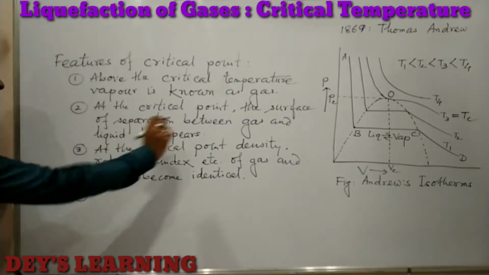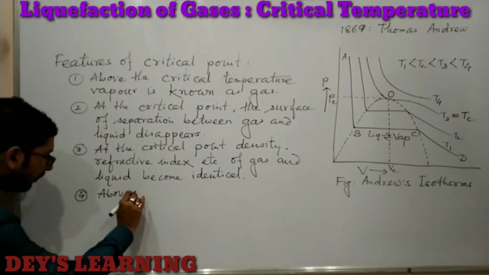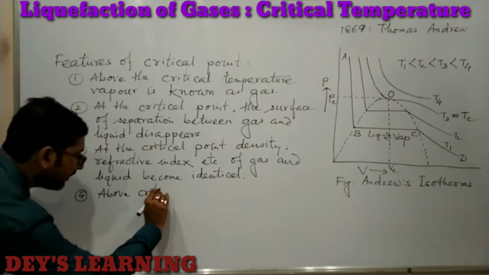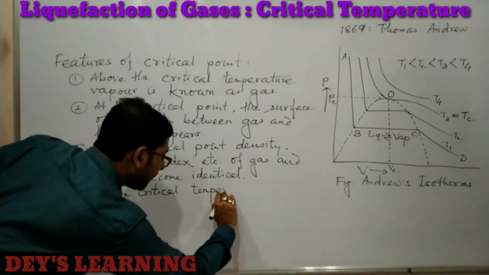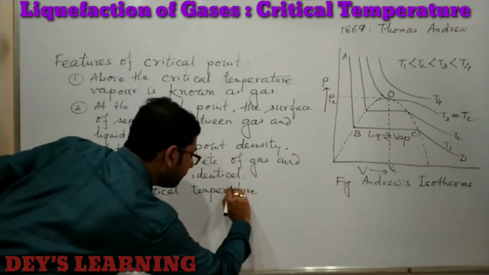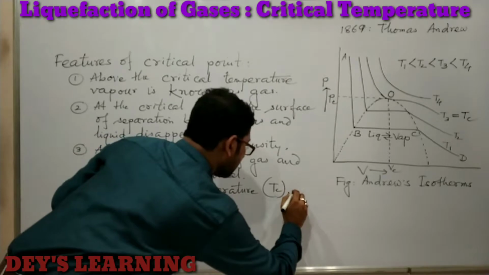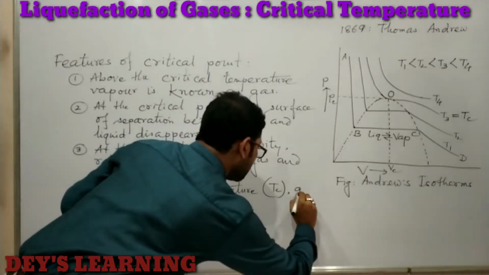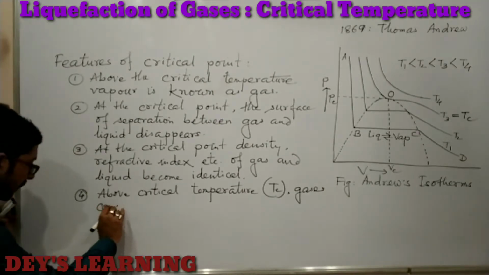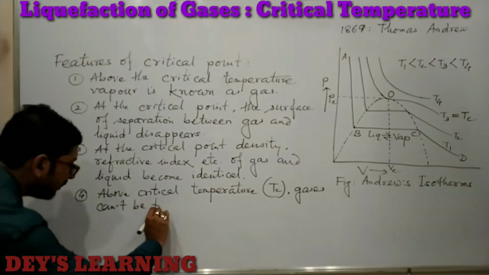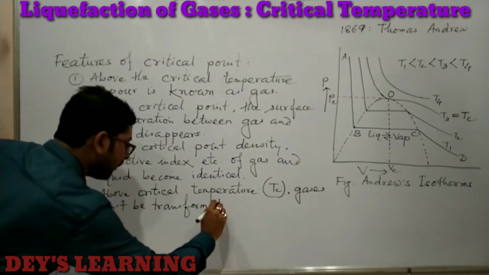So above critical temperature Tc, gases can't be transformed into liquid.